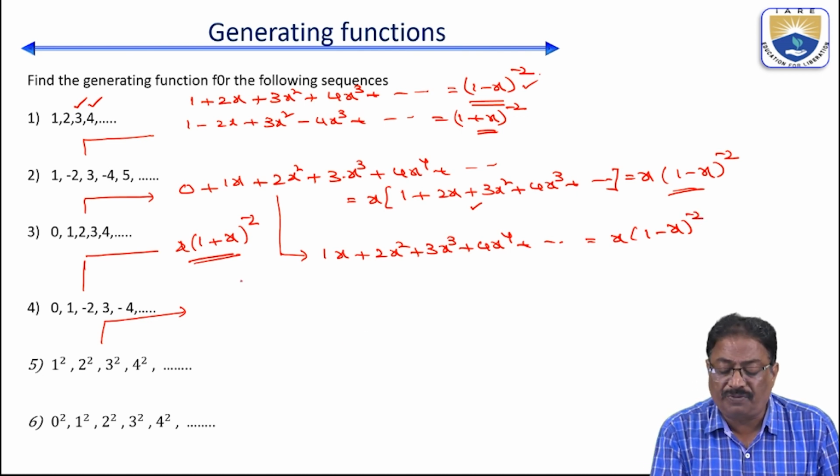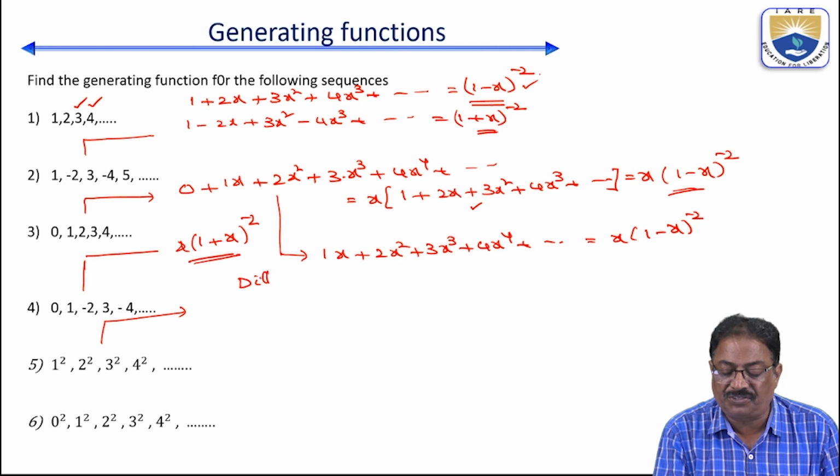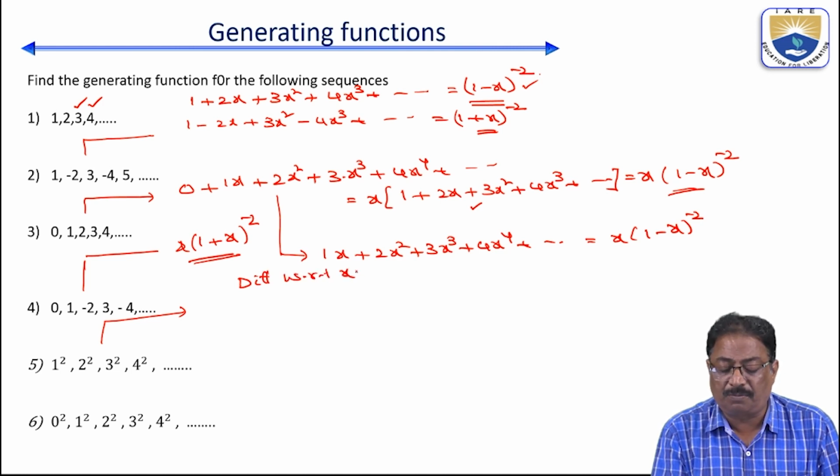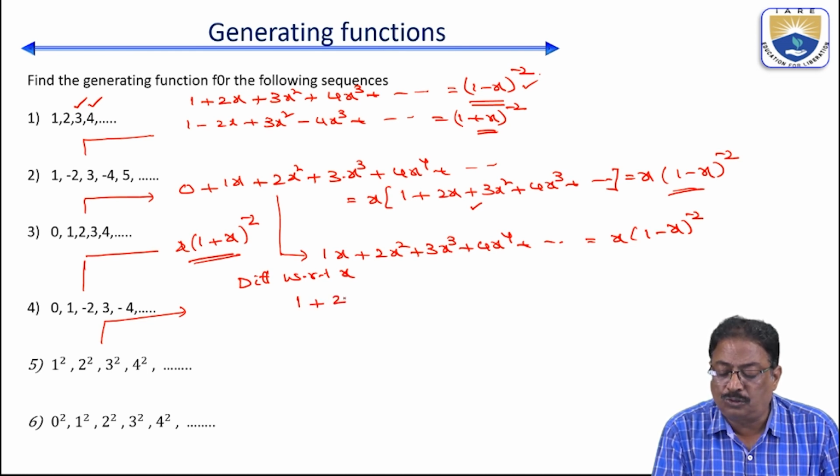Now differentiate with respect to x on both sides. What I get is 1 plus 2 square into x plus 3 square into x square plus 4 square into x cube plus and so on.